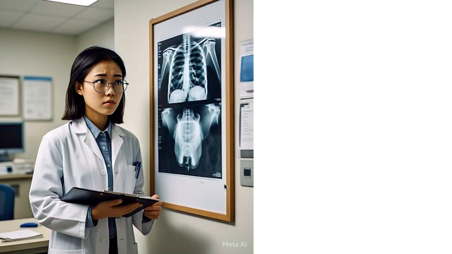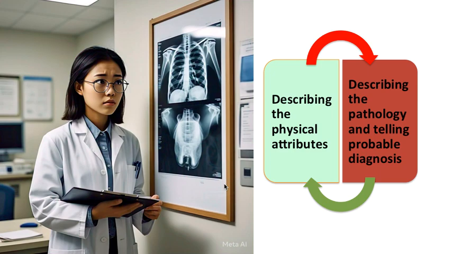There are usually two components when you are giving your reply in the viva. You have to describe the physical attributes, what you are actually seeing in the X-ray, whether you are finding some opacity or some hyperlucency. And the second thing you have to describe is the likely pathology and the probable diagnosis, right? Then it becomes a complete interpretation of the X-ray.